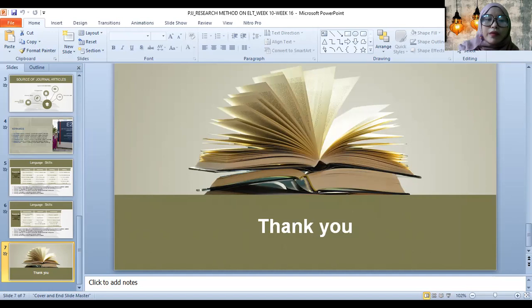Before that, you have to write down the name here, or group members' names, and then student ID, also institutions. And here are the examples. Like I told you last week, in writing references, before you go further into the content of the article, you have to look at who the author or authors are, and then the year of publication, the title of the article, the journal name, and then the volume, the issue, and the pages.